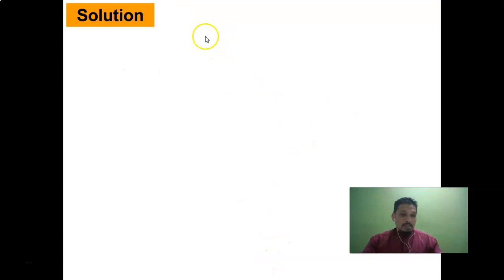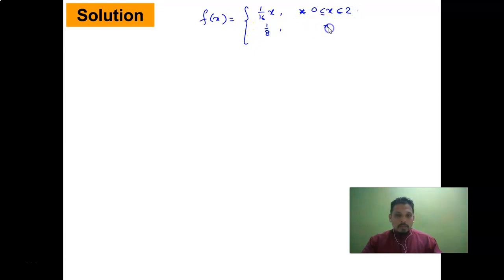Now let's rewrite the function f(x) as our reference here, which is 1 over 16 x for x lies between 0 until 2, 1 over 8 for x between 2 until 9, and 0 otherwise.